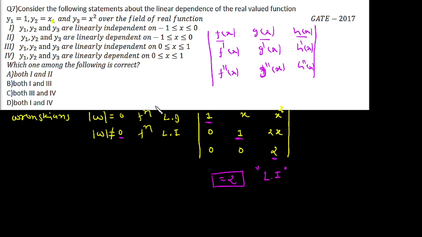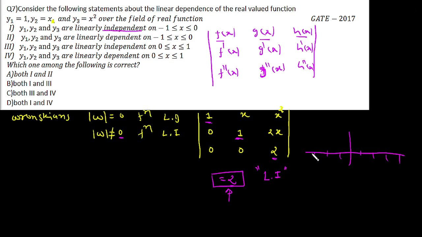Okay, so let's check all the statements one by one. Statement 1 says y1, y2, y3 are linearly independent on. Okay, they are saying they are linearly independent, but here the condition is given in terms of an interval. Here the determinant is independent of x, it is not dependent on x, we are getting a constant term. So for whatever real value x may take, we are getting the determinant as 2.